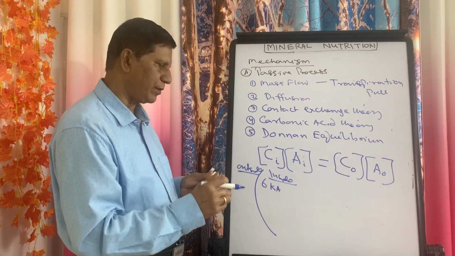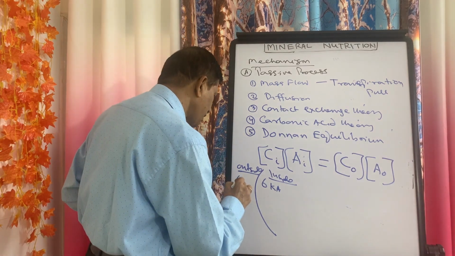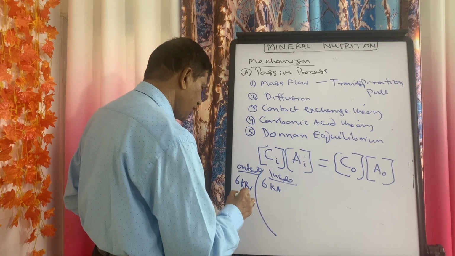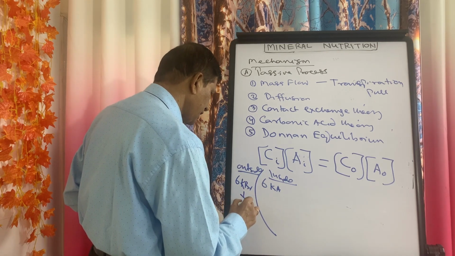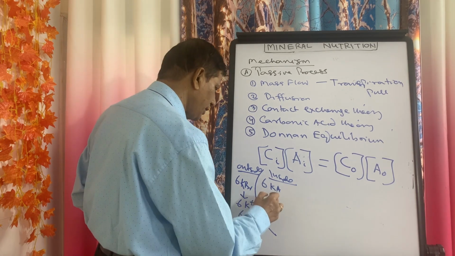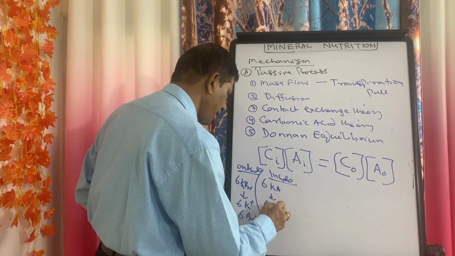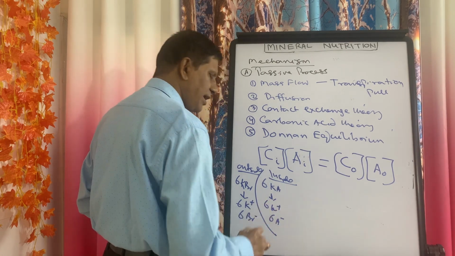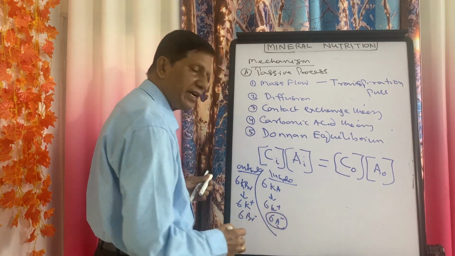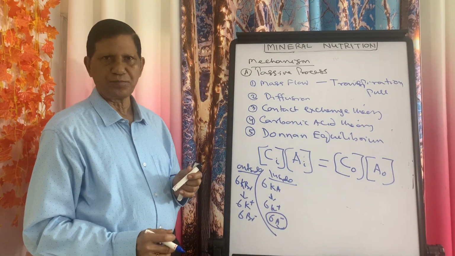And suppose outside there are 6 molecules of potassium bromide. So now this will dissociate into 6 potassium ions and 6 bromine ions. And this will dissociate into 6 potassium ions and 6 anions. But these 6 anions cannot go outside because they are indiffusible to the cell membrane.